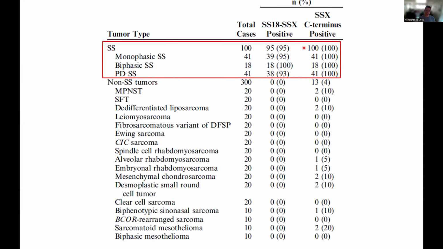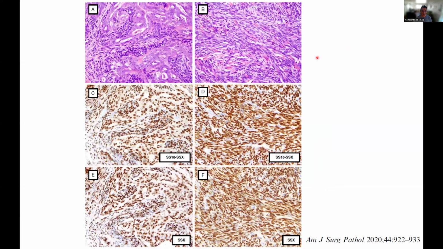And it works extremely well. The SS18-SSX has perfect specificity and about 95% sensitivity, and SSX has perfect sensitivity and a little bit less specificity.